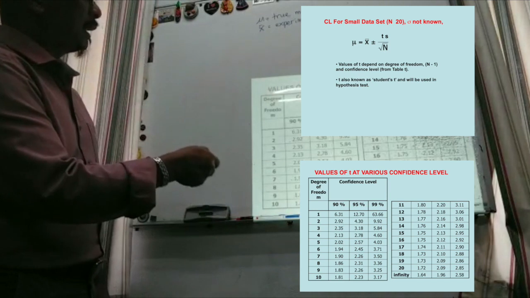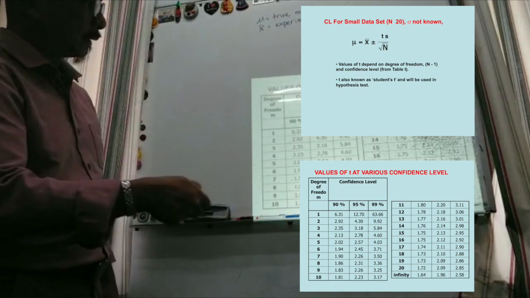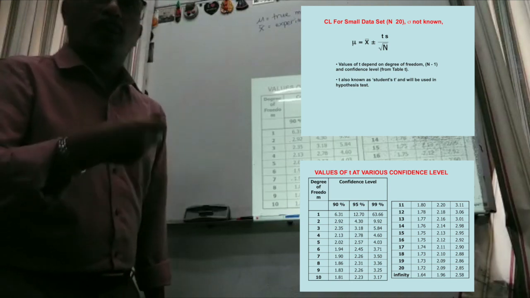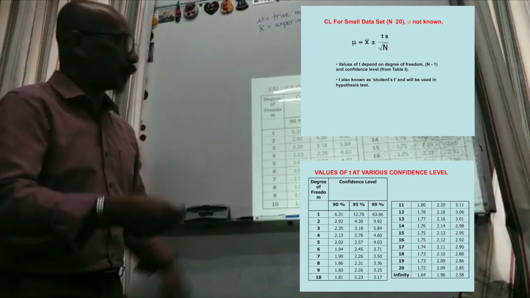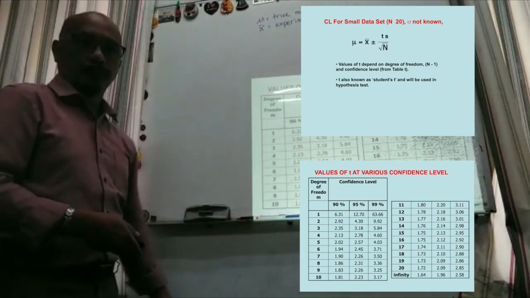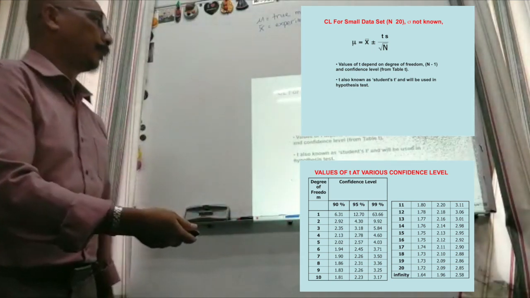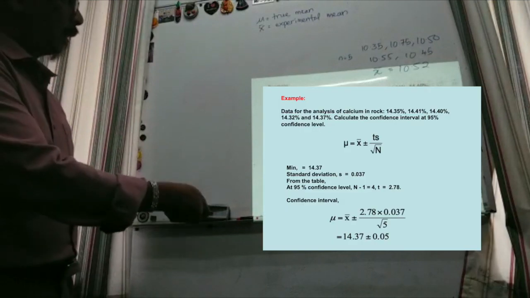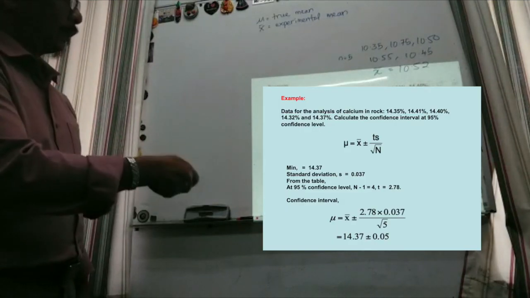So the values of t at various confidence levels are different. You look here, it's different. So what is our confidence level? We determine our confidence interval, and also our t value to put into the formula here. So this is an example of how to calculate. Hopefully you know.